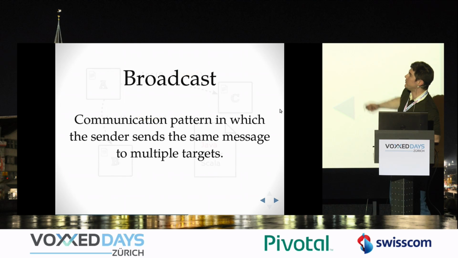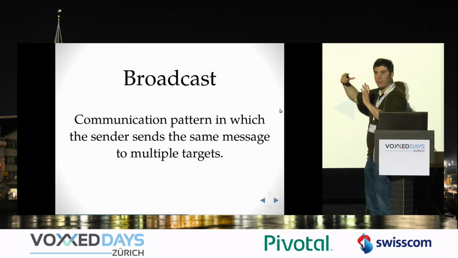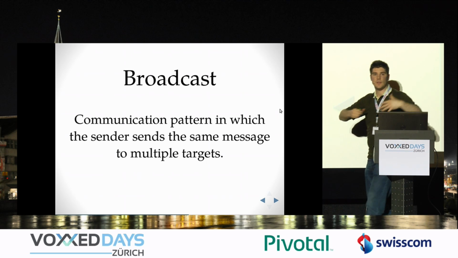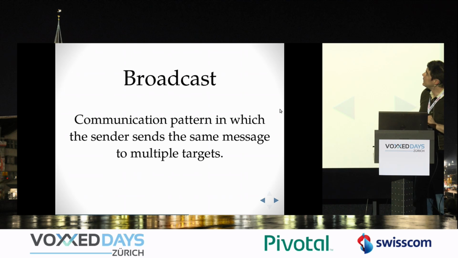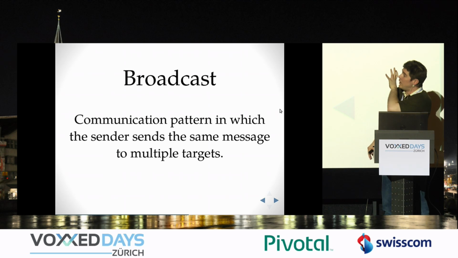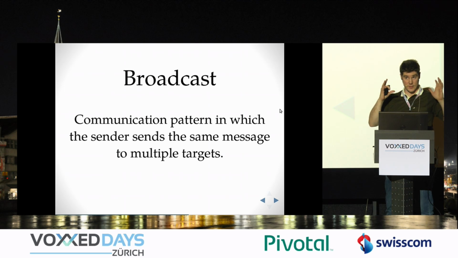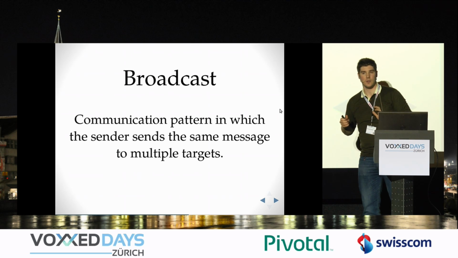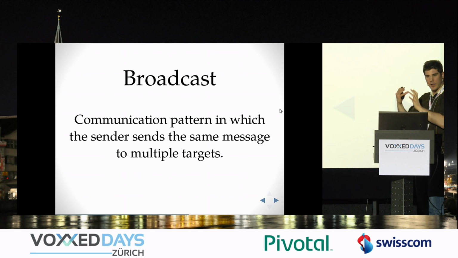And this is what it does. So this is called a broadcast. A broadcast is a different communication pattern in which the sender sends the same message to multiple target locations. And this is the communication primitive we need to more easily implement this kind of replicated store.